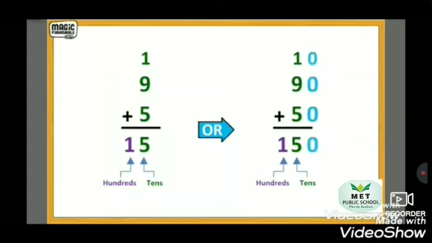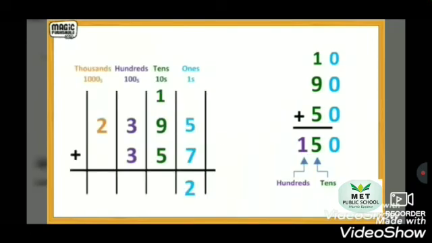Adding in the tens column really means that we are adding 1 ten plus 9 tens plus 5 tens, which gives us 15 tens, which is really 10 plus 90 plus 50, which is equal to 150. So taking 150 or 15 tens, that means 5 in the tens column and 1 in the hundreds column.